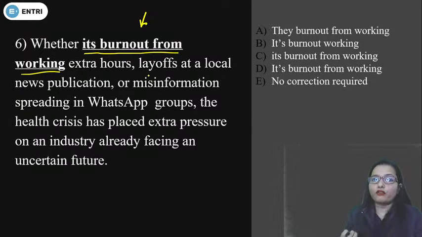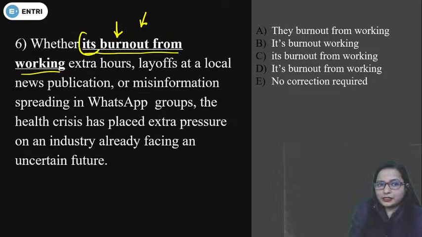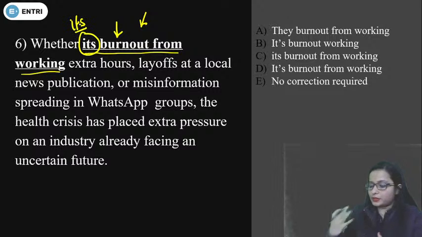So what is the meaning of burnout? Burnout is the state of exhaustion when someone is mentally and physically exhausted. This is the situation where we use the word burnout. Whether it's burnout from working, as you can see, it is written here, and it is used to show the possession.